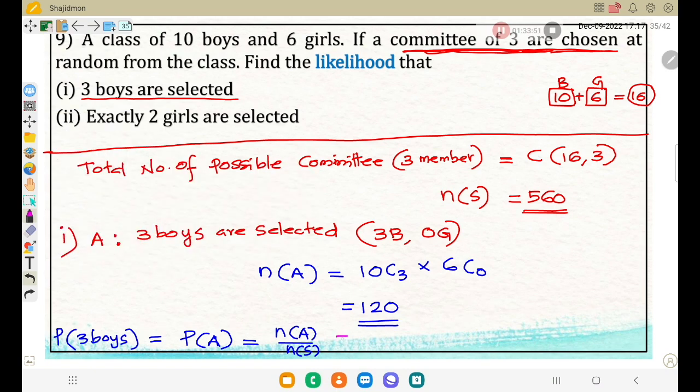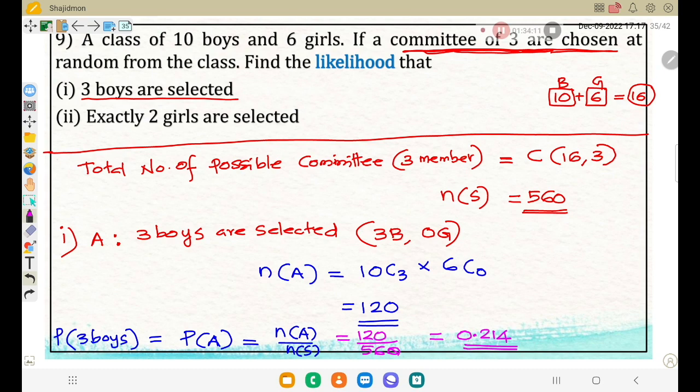What is number of elements of A? 120. Divide by number of elements of S, 560, correct? 120 divided by 560. Approximately you will get 0.214 like this. Okay, approximately I am writing.